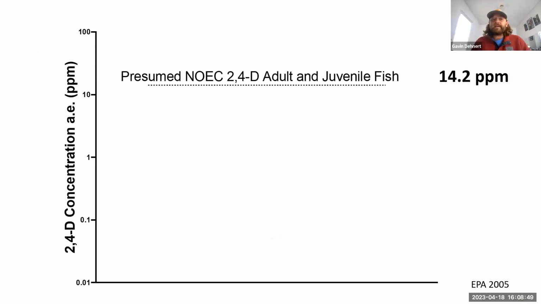Back in the early 50s, 60s, and 70s, there was some research completed on the impacts towards non-native fish species. They did the typical studies, LC50s, etc., and found that the no observable effect level, or NOEC, was approximately 14.2 parts per million, depending on the species.